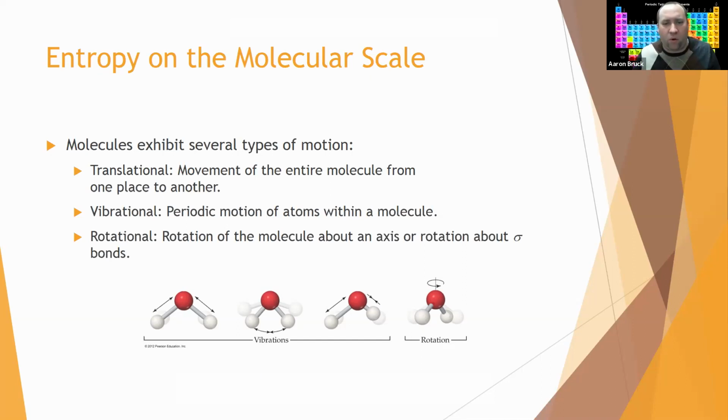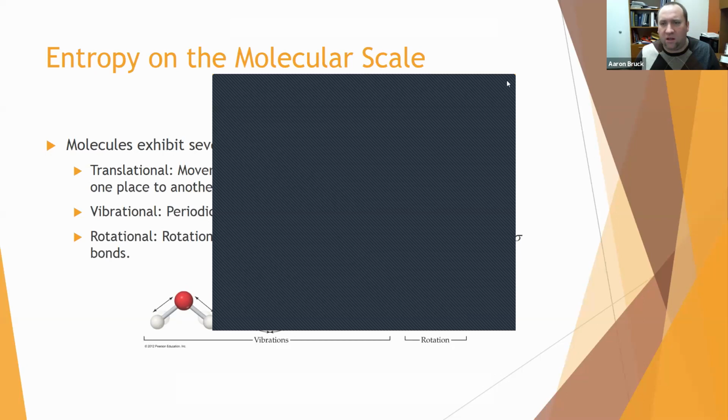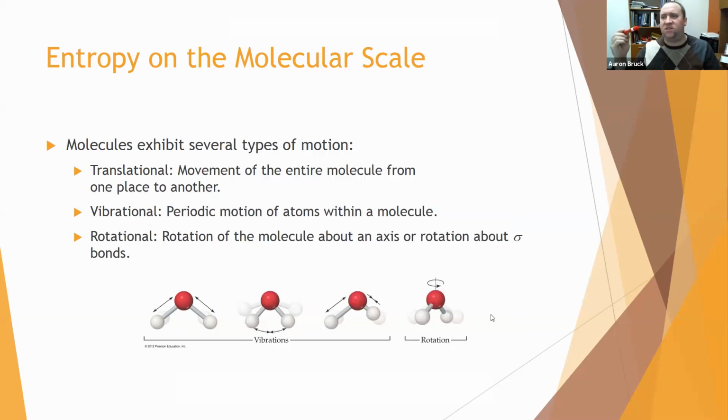And we call that motion, that movement, translational energy. Translational energy allows us to see an object flying through space, going back and forth, up and down, all around. That's most of what we think of when we think of internal kinetic energy.